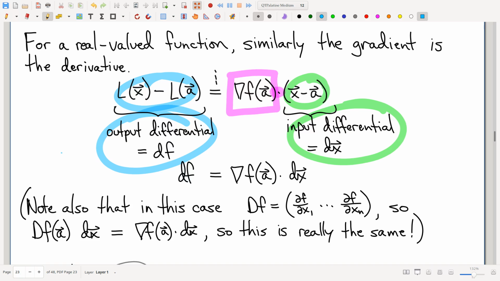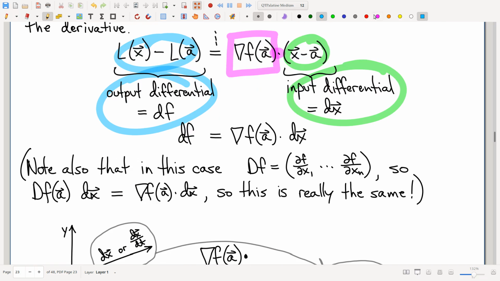And in the real valued case, the DF matrix has only a single row, and matrix multiplication by a single row matrix and dot product with a vector are computationally identical.